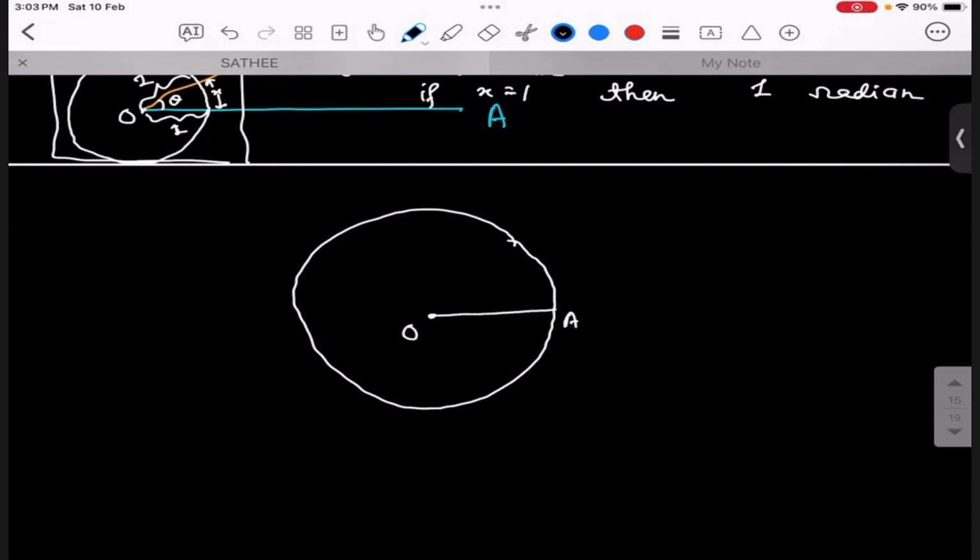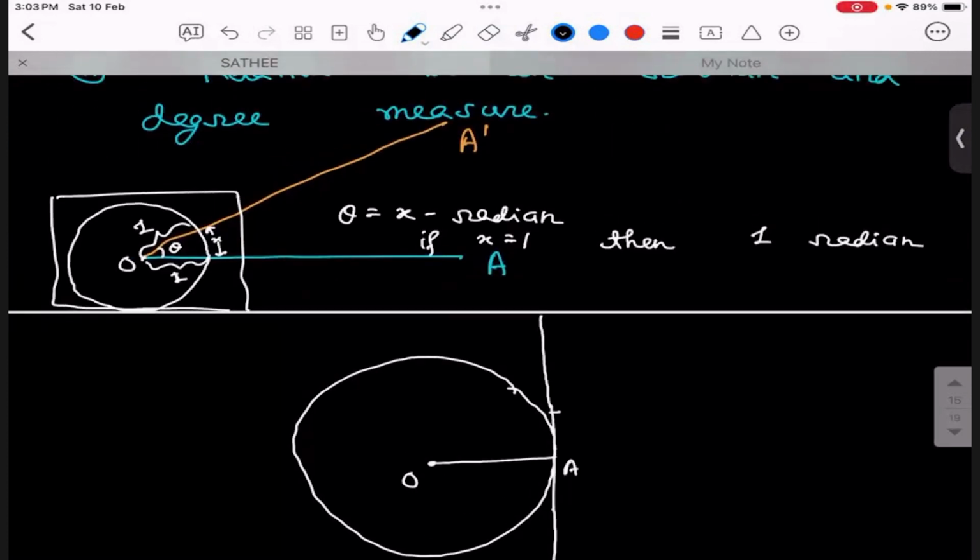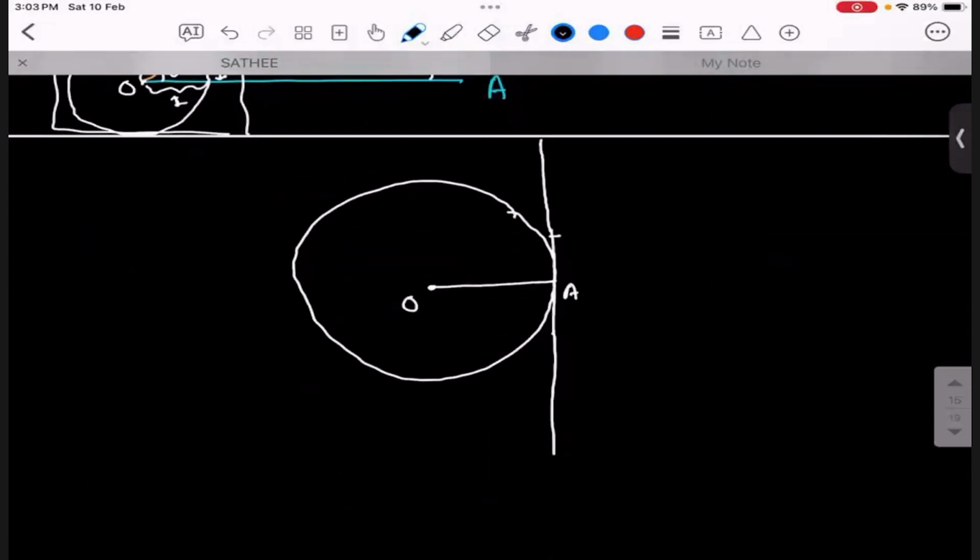Now let us draw a tangent on this circle at the point A. Let us denote the positive axis along this as 1, 2, 3, and the negative as -1, -2, -3.